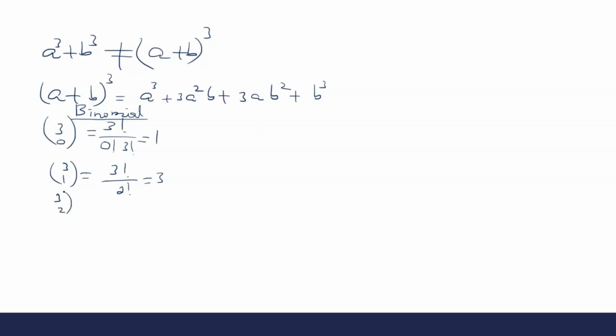The next is 3 factorial over 1 factorial and 2 factorial, which gives us 3 again, and then 3 factorial, which gives us 3. We'll look more in depth at this when we cover probability.